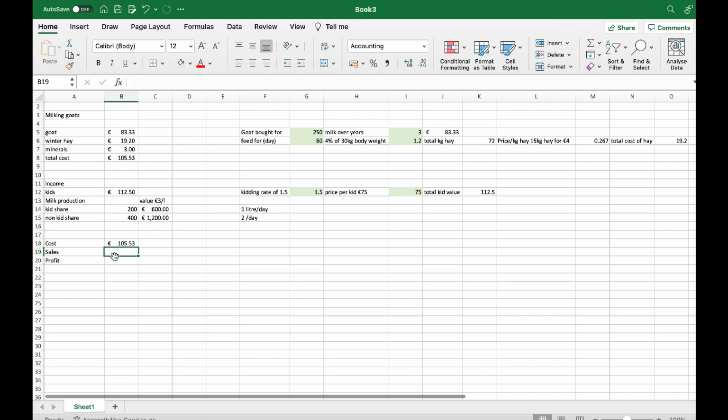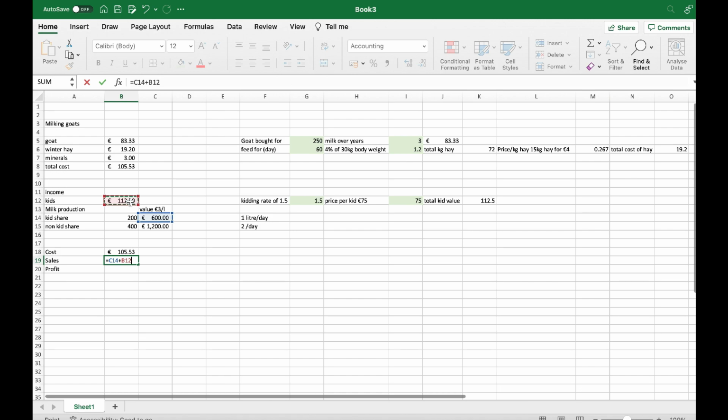The sales value is going to equal, I'm going to go with the kid share here for a minute, this plus our kid sales is this. And our profit then is going to equal the 712 minus this, and I like to put my percentages in here.